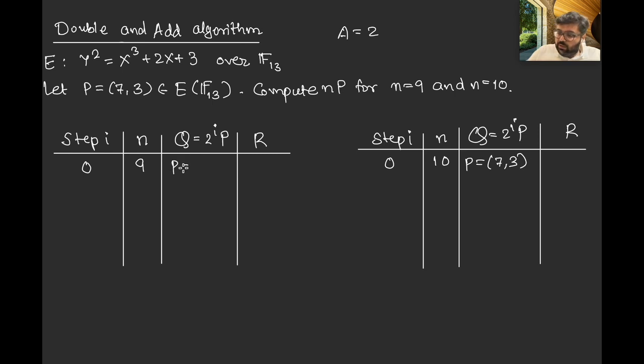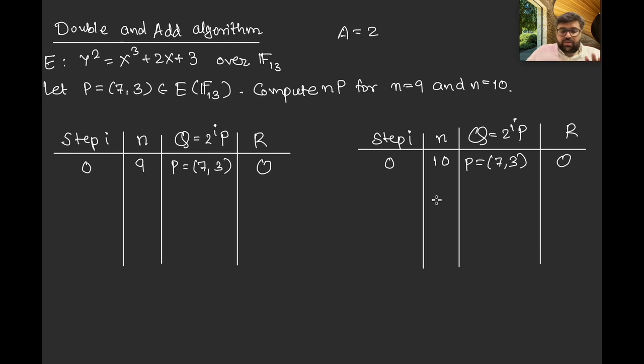Here also P. The first row is common for every example. And our result R, the resultant point, is the point at infinity, point O. This row is common for every example.